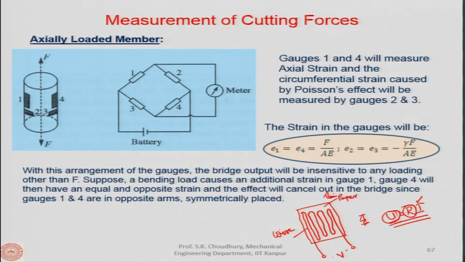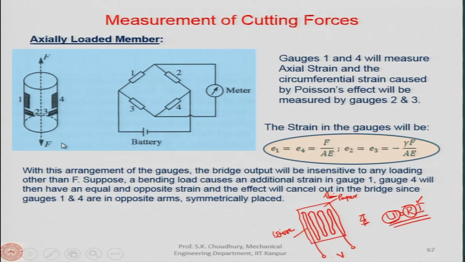different here. So, the idea is that the entire thing, the thin paper with the wire, is glued on the surface of this axially loaded member. One will be in this way and another will be perpendicular to the axis of the axially loaded member.